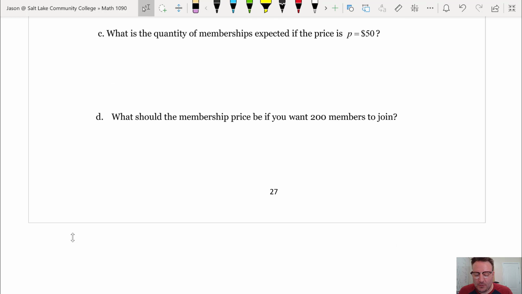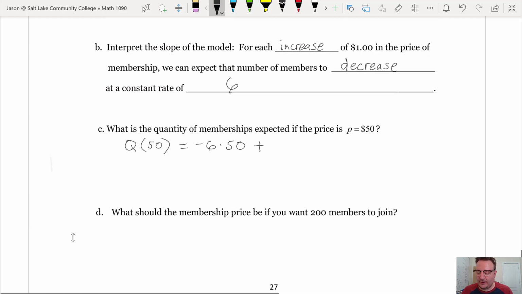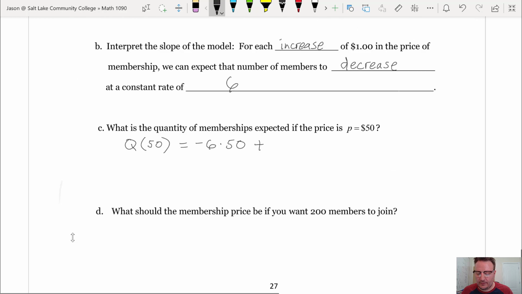Okay, part C. What is the quantity of memberships expected if the price is $50? So here we want to evaluate our function. We want to evaluate the function Q as a function of P at the price of 50. So this is equal to -6 times 50 plus, what was it? 540.